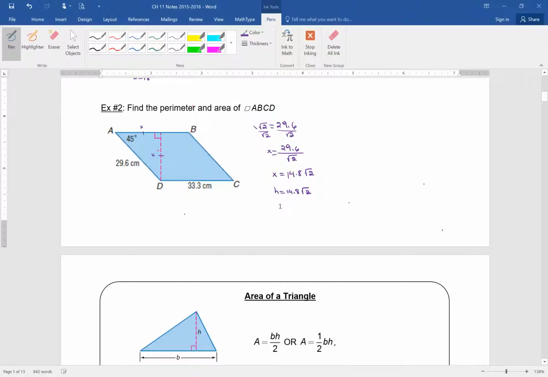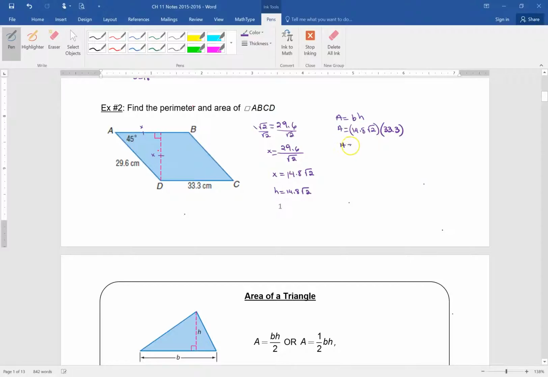Okay, we can use that now to find the area, because area is base times height. So area is 14.8 root 2 times the base. If this is perpendicular to side AB, then that's the one that you take as your base, and the length of that is 33.3.